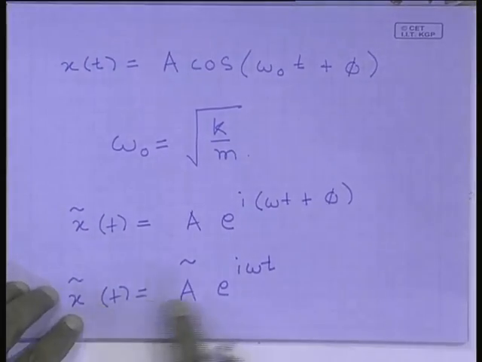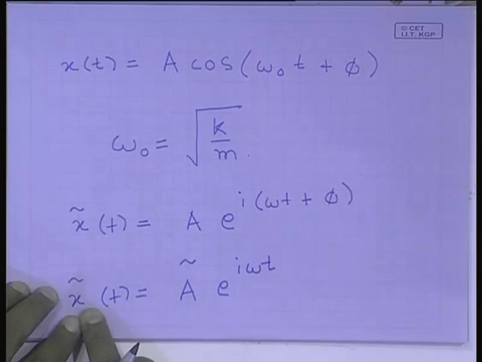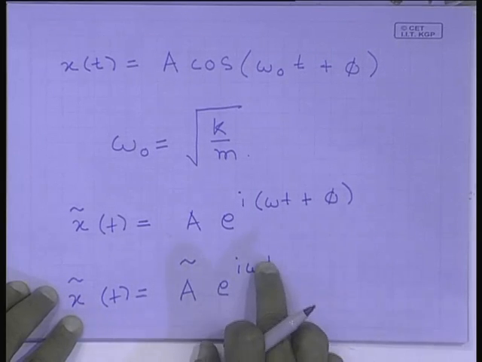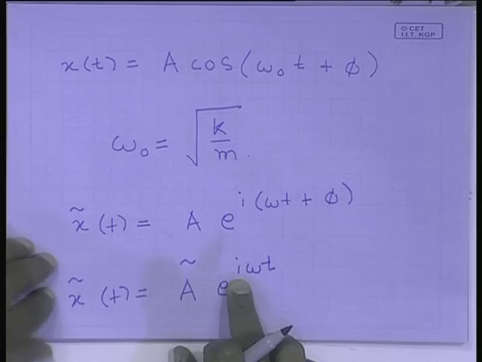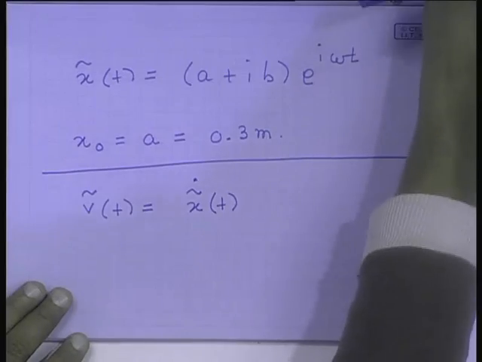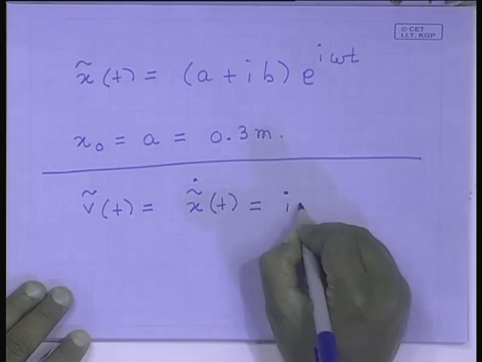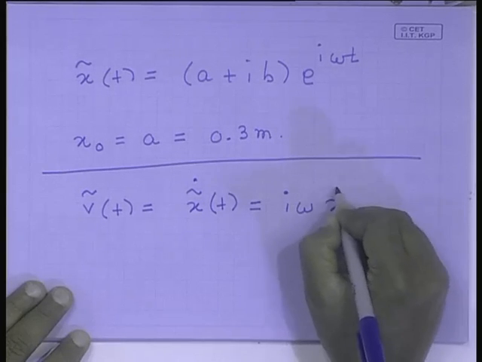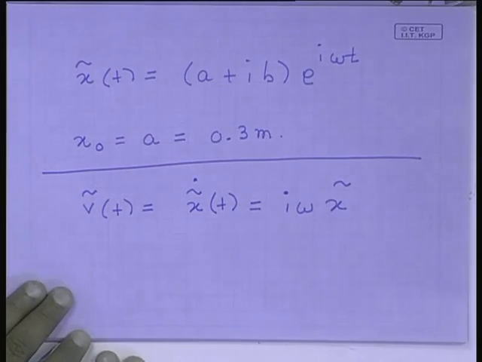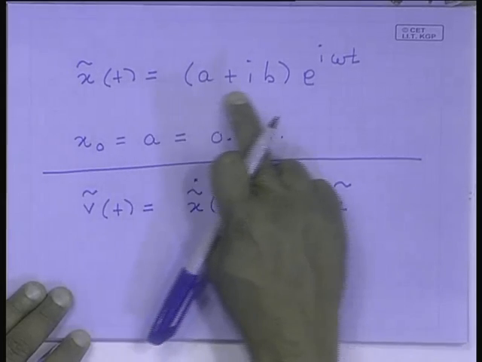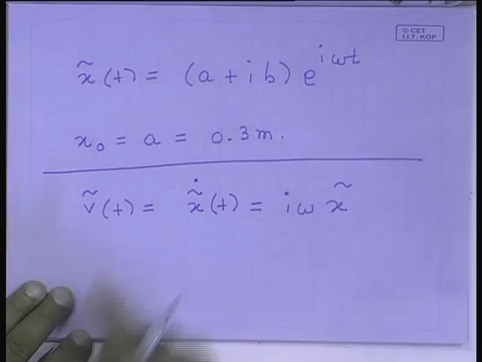Now, if you differentiate this, you pick up a factor of i omega. So, the velocity is i omega into x tilde, which is given over here. x tilde as a function of time is given over here.